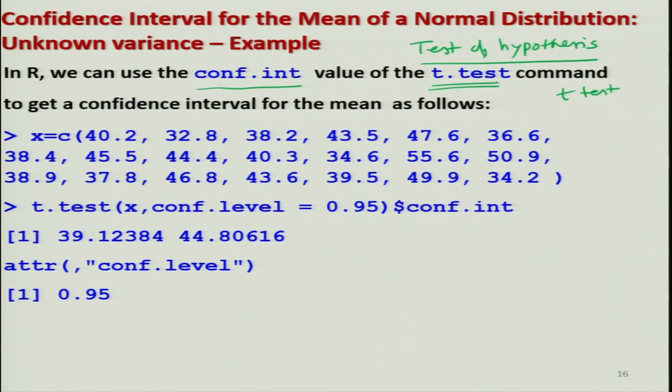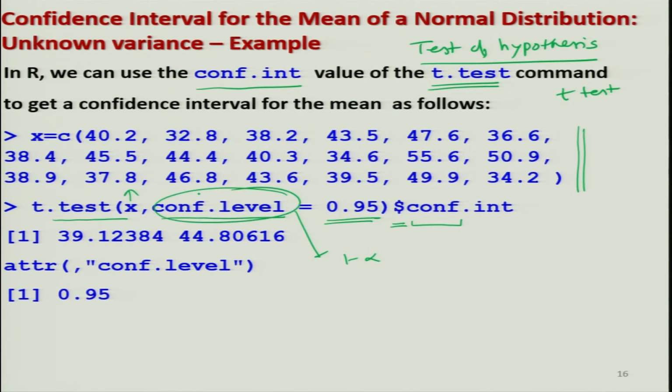Suppose we have the data here as x, and then you simply write t.test(x), where x is the data vector, and confidence level, that is conf.level equal to 0.95, and then you write a dollar sign and then conf.int. Here conf.level gives the value of 1 minus alpha.